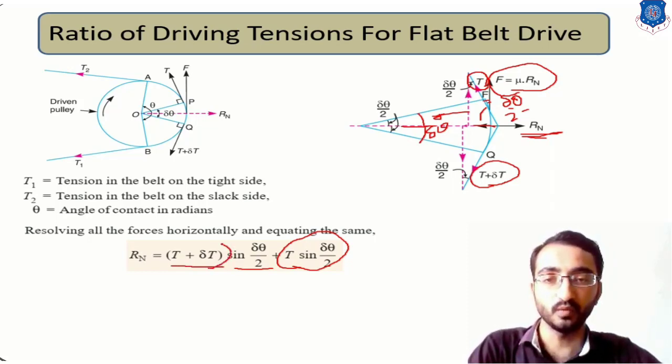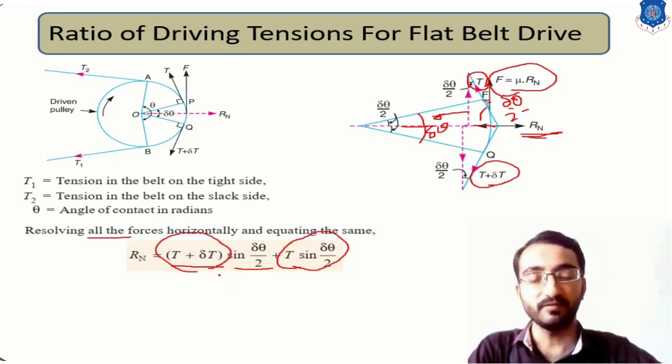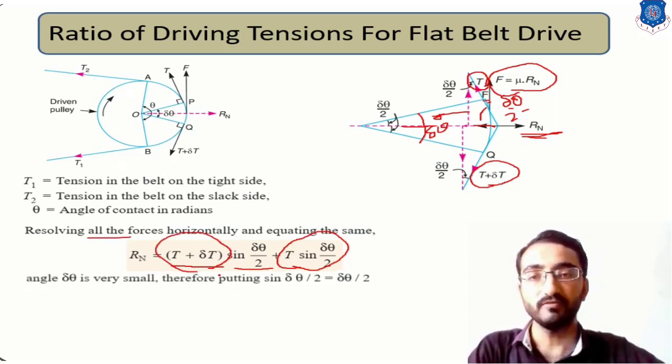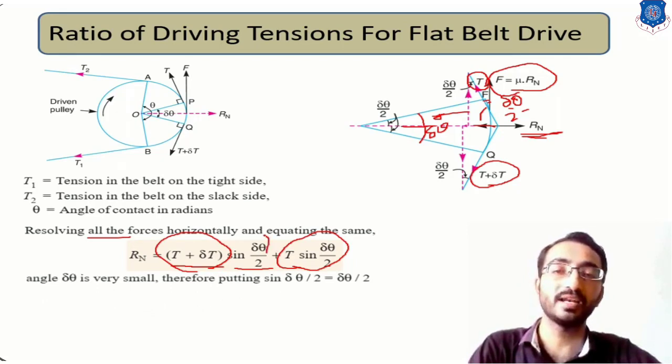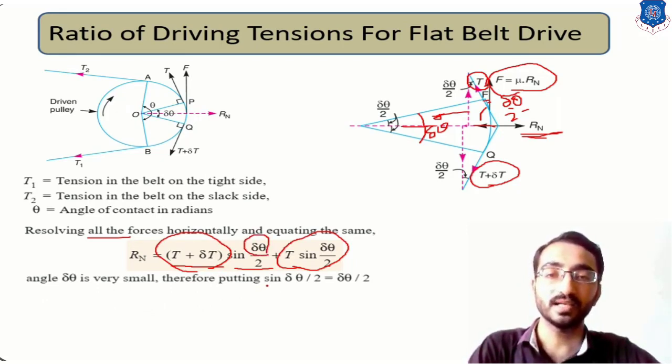Okay, so in this way we can achieve the horizontal equilibrium equation. Now simplifying this equation, if we consider delta theta as a small angle which is negligible, we can consider sin delta theta by 2 as only delta theta by 2.